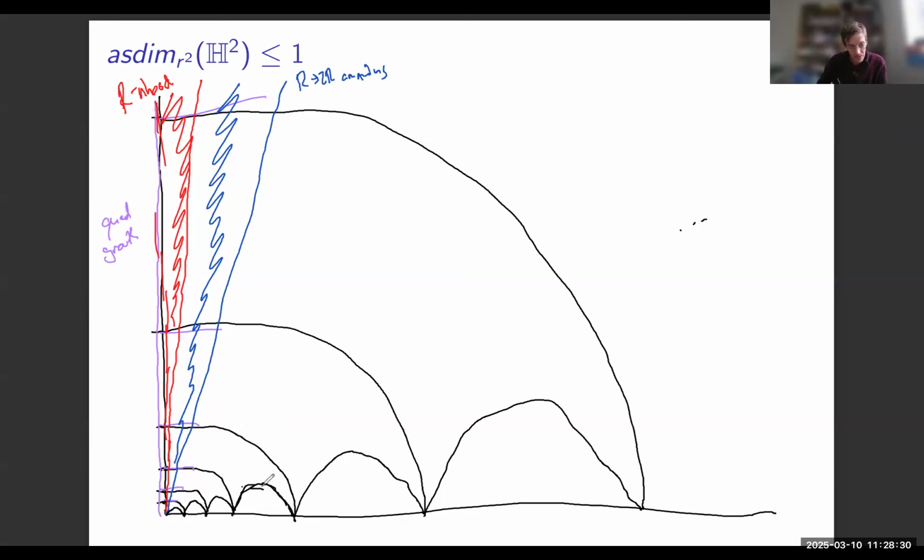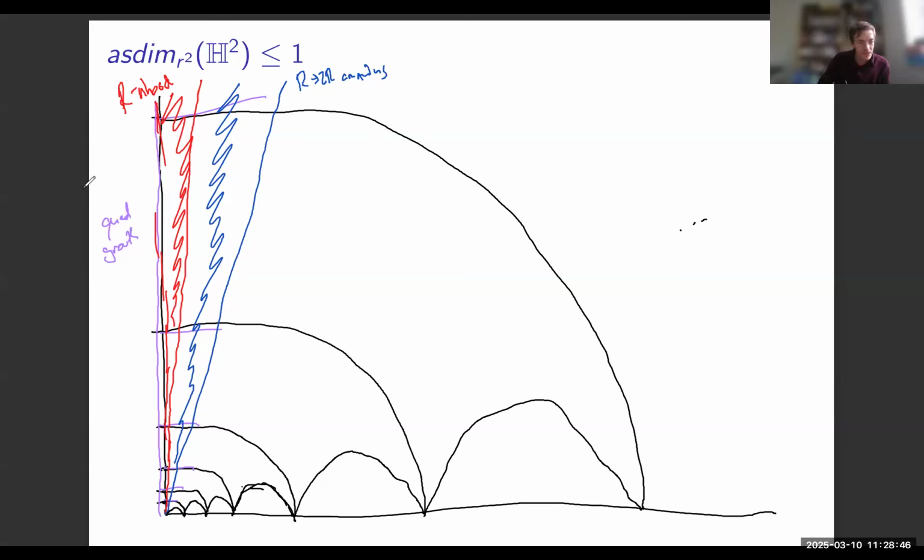Okay, so this is an infinite geodesic, this is a geodesic ray, and a finite geodesic of uniformly bounded size. So just by hyperbolicity, these three sides are uniformly close to this side.